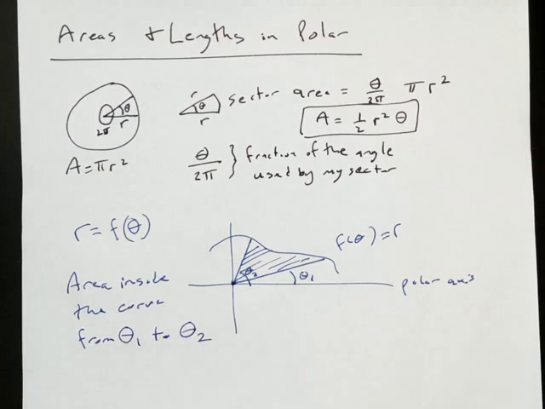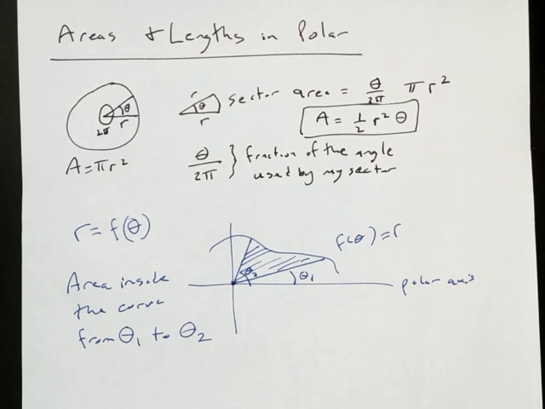We can actually picture this like a fan unfolded, right? We start with it closed over at theta 1, and we spread it open until we get to theta 2. We get a bunch of little wedges, don't we? If I picture that fan opening, there are ribs in a fan, right?